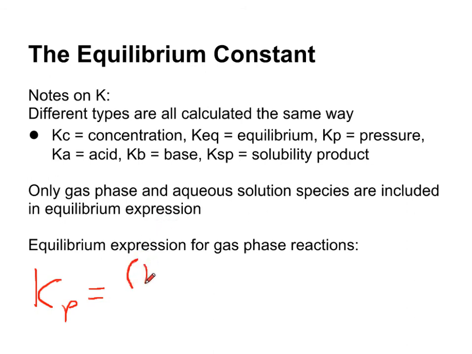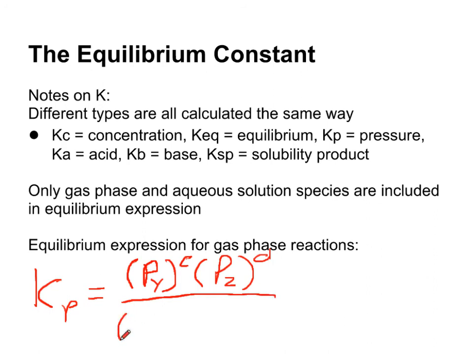You're going to put a capital P for the pressure of that product raised to the coefficient times the pressure of the other product raised to the coefficient, divided by the pressure of the reactant raised to a coefficient times the pressure of the other reactant raised to a coefficient. So for Kp, when you're using pressures, you need to make sure when you write your general equilibrium expression, you use parentheses and the capital P instead of brackets that indicate molarity.